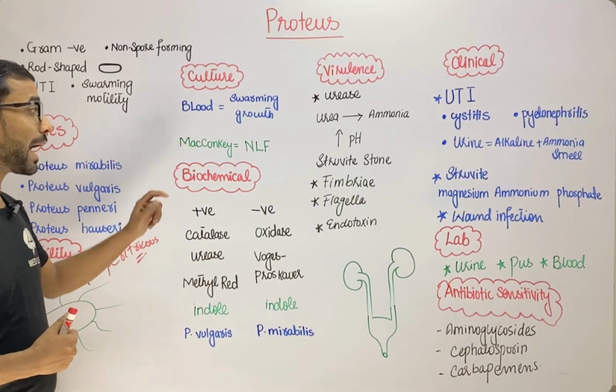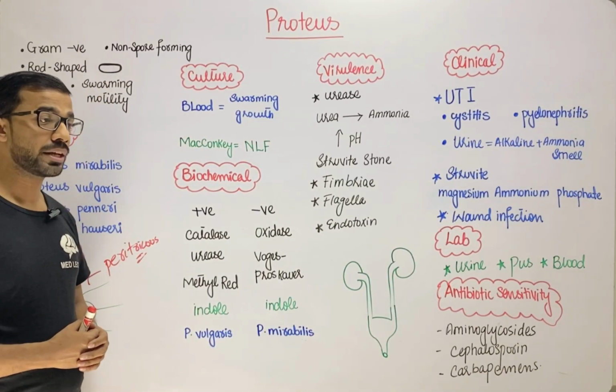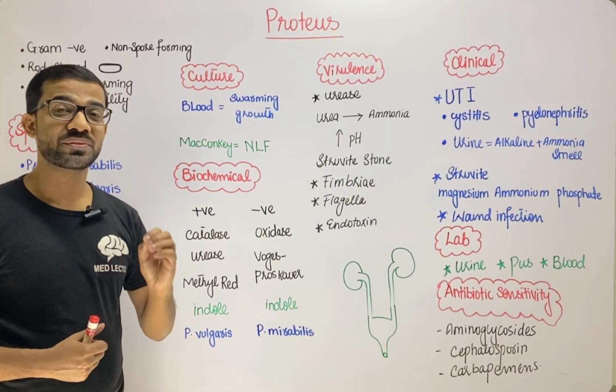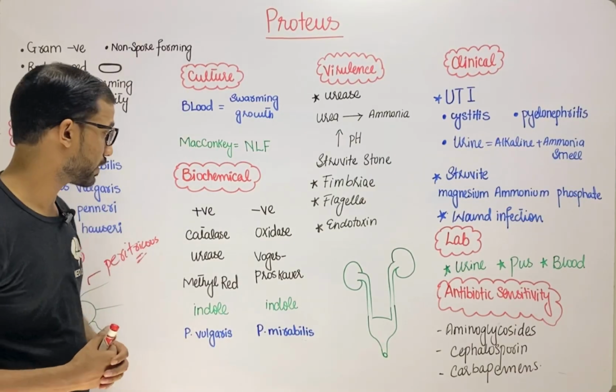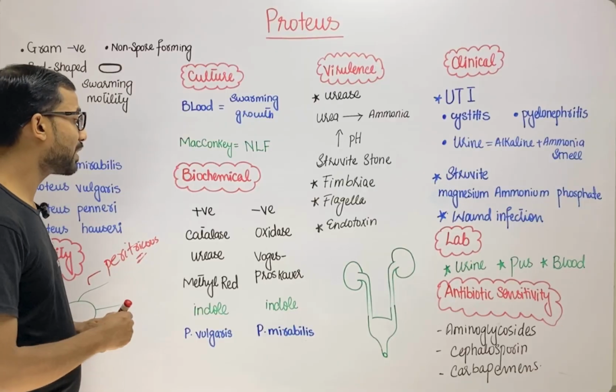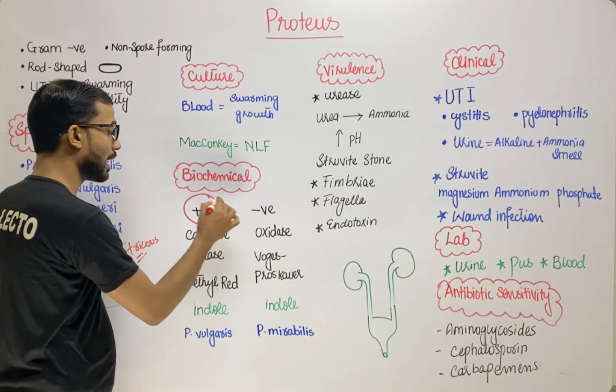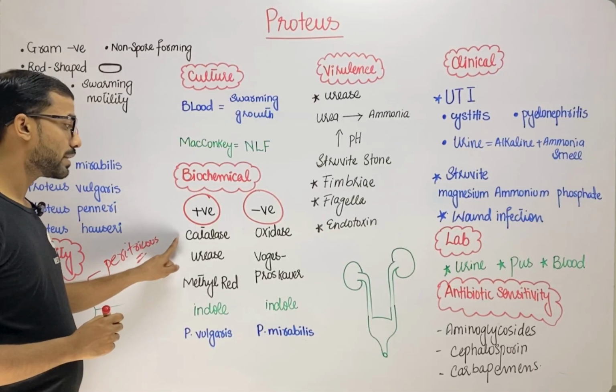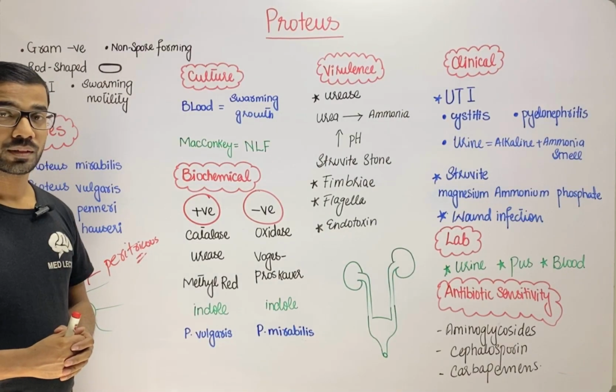Next, we will see the biochemical testing that will help in the specific diagnosis of Proteus. A lot of different tests are positive and some are negative as well. Catalase will be a positive test.